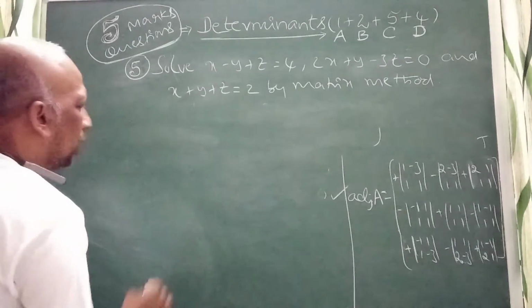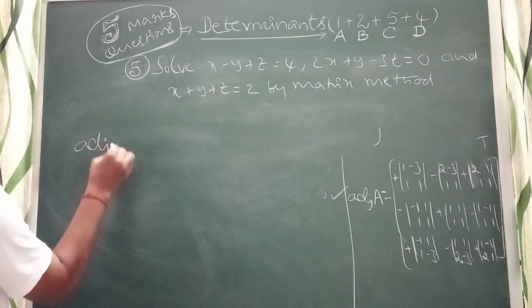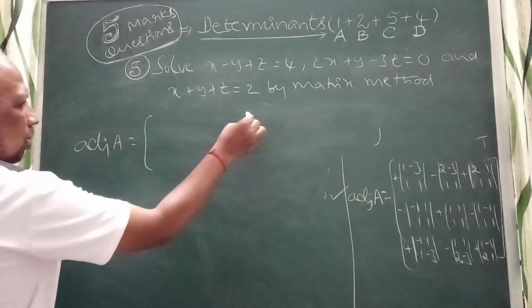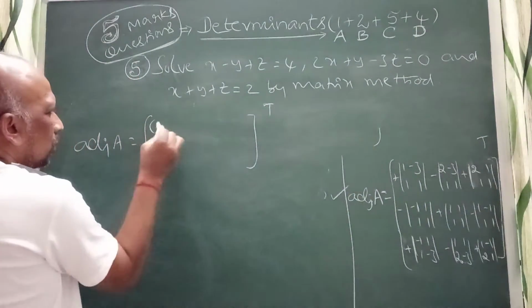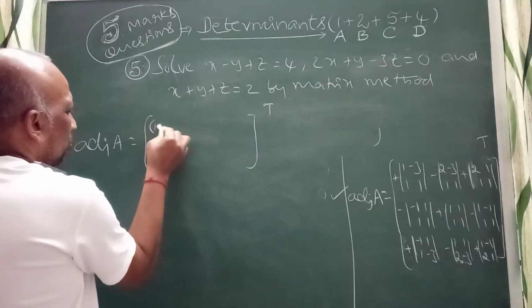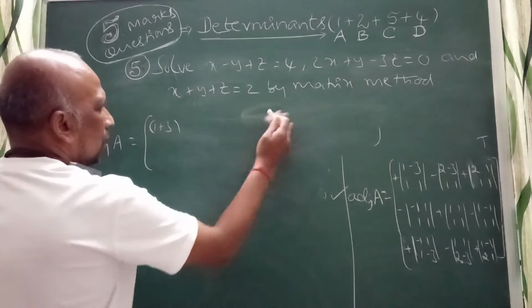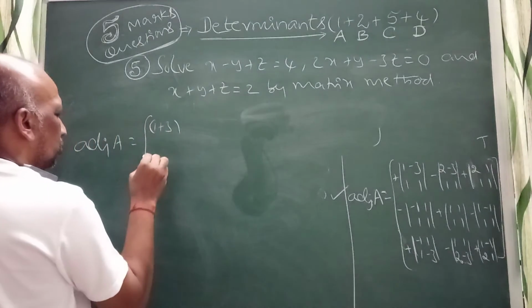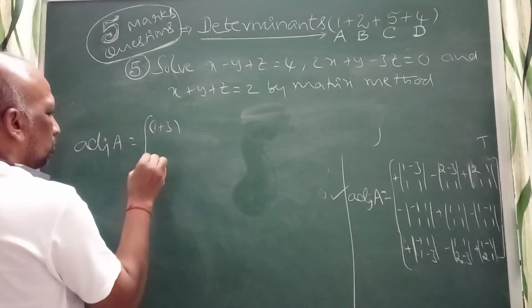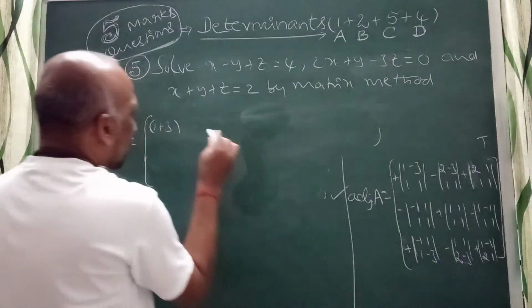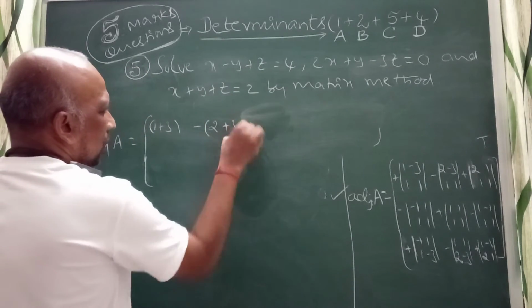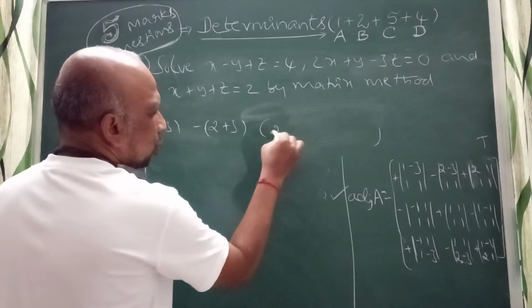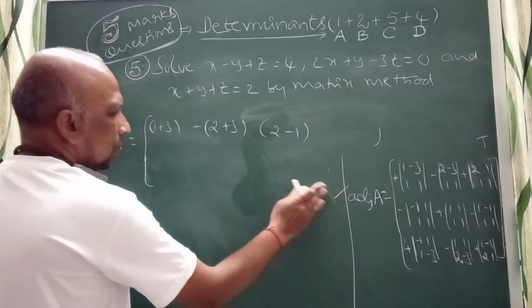I can write adjoint A as the transpose of this. You can see this is 1 plus 3, correct. I can write the expansion: 1 plus 3, minus of 2 plus 3, that one 2 minus 1, correct.